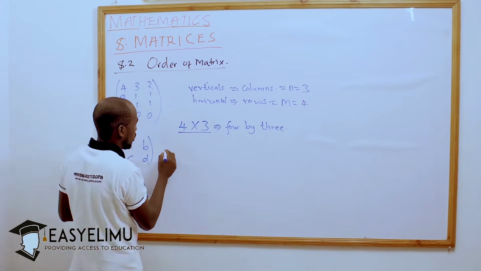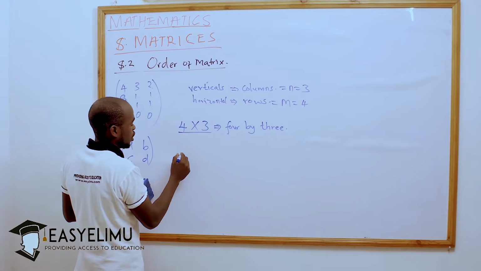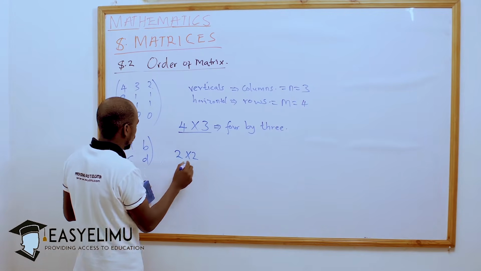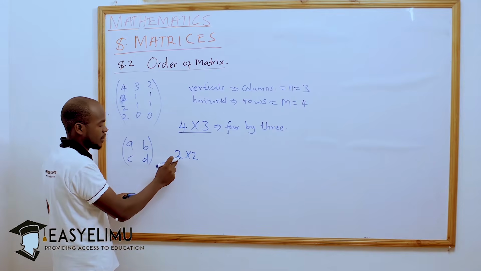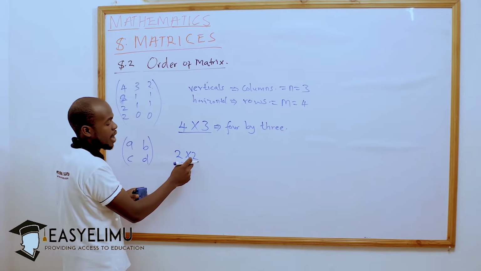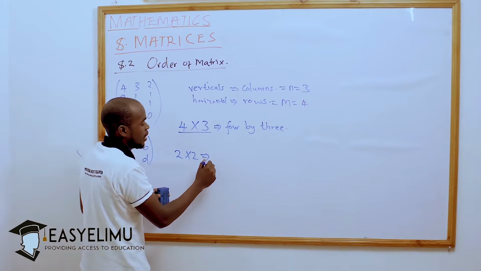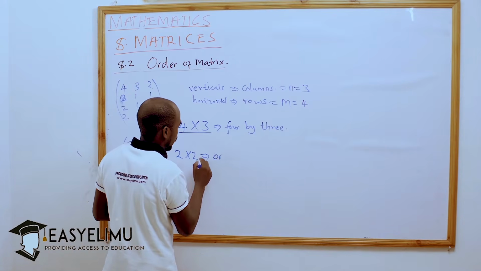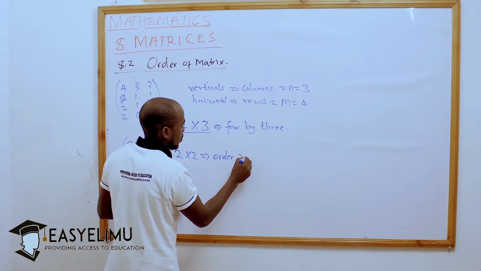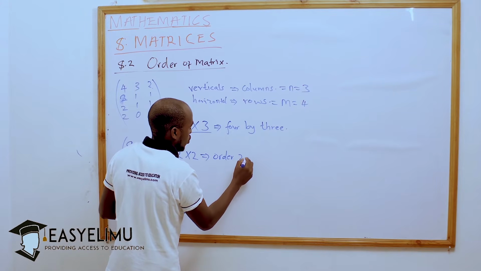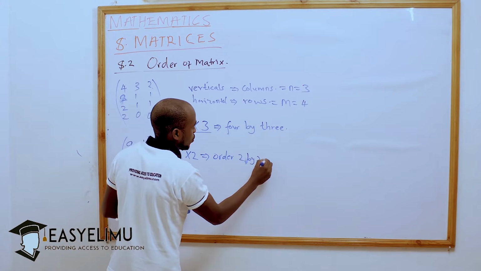So we can refer to this as a matrix of order 2 by 2.